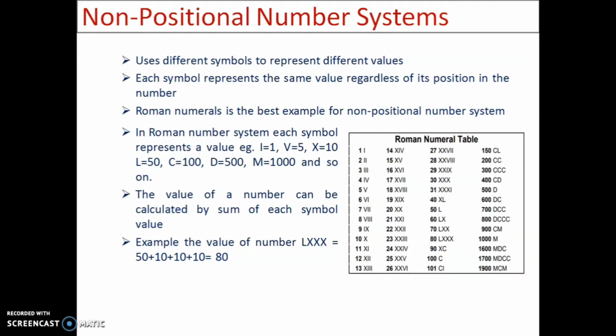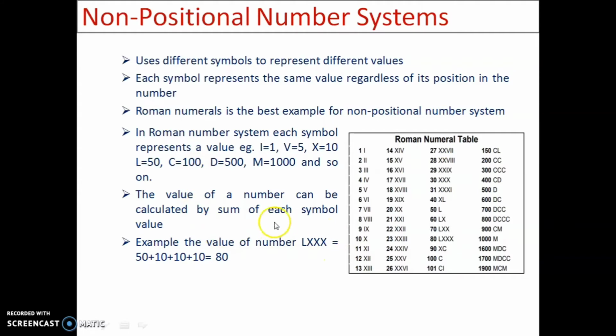Non-positional number systems also have different symbols to represent different values, but they do not have positions like units place, tenth place and hundredth place. Example, Roman numbers. These have symbols like I equal to 1, V equal to 5, X equal to 10, L equal to 50, C equal to 100, like this.